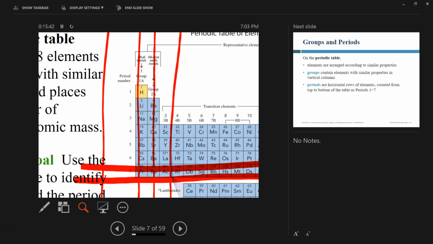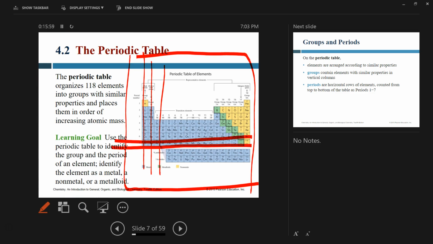Just the Arabic numbers. That's the new school. New school says that there are 18 groups. The old school says that there are 8 groups. So 1, 2, 3, 4, 5, 6, 7, 8.